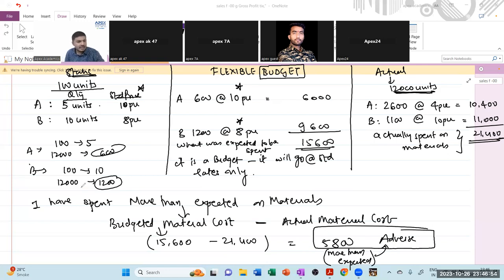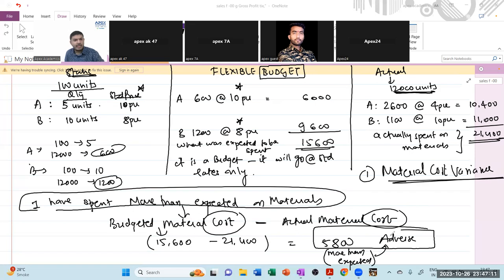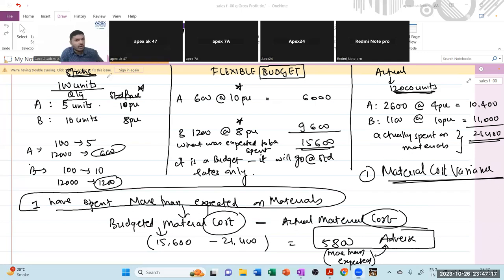My dear friends, what I have spent on materials, material cost, is your first variance that you learn in materials, that is called as material cost variance. Material cost variance is the comparison between what you thought you are going to spend on the materials versus what you have actually spent on the materials.